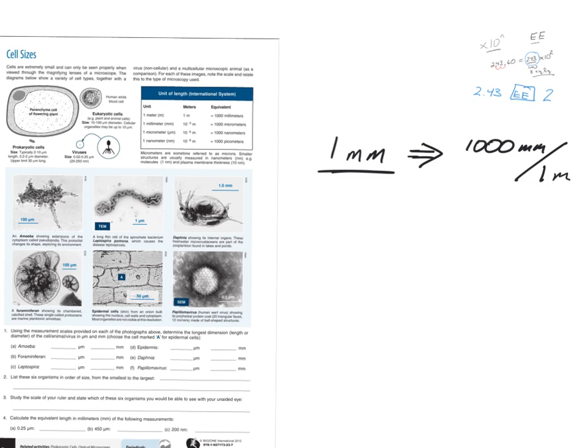How many centimeters are in a meter? 100. Centi means 100. So centi, milli, like a centipede. A millipede has how many legs? Pede means leg.